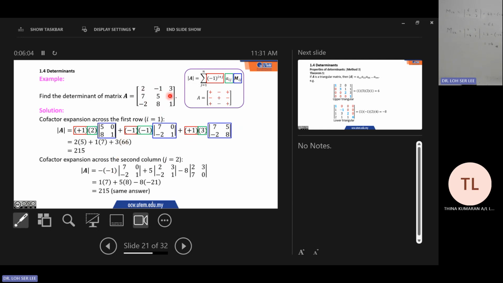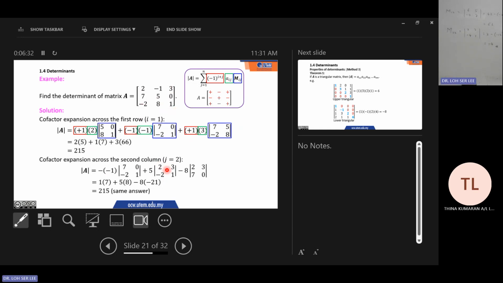So we have 70, -2, 1. And then plus. Alternating sign for this location is plus, no effect on the value, and then the entry itself 5. Then multiply by the minor. Remove. We have 2, 3, -2, and 1.